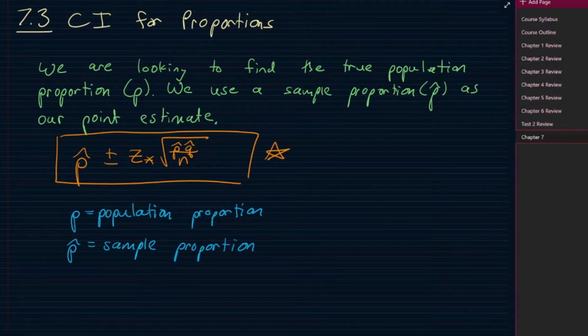And that's x over n. The number of people that say yes over the total number of people is going to be the sample proportion of people that said yes. Q hat is the complement, essentially. So P hat is the percentage of people that say yes. Q hat is the percentage of people that say no, essentially. And so Q hat is just always 1 minus P hat.